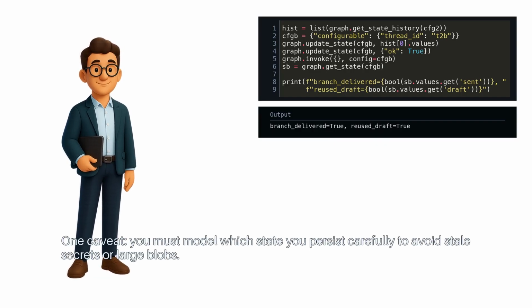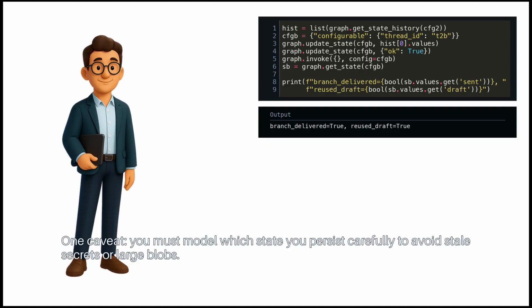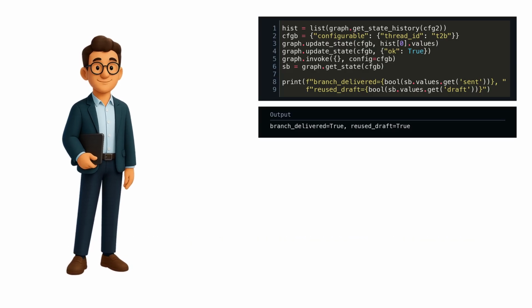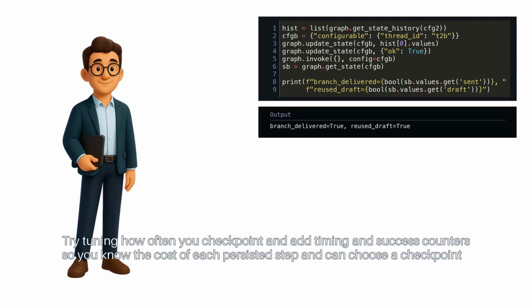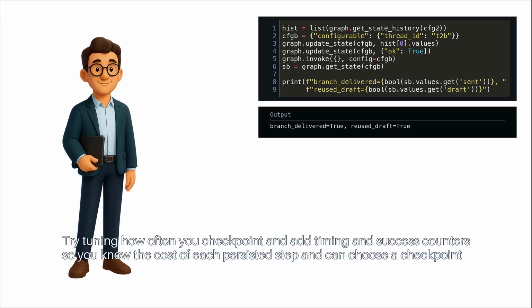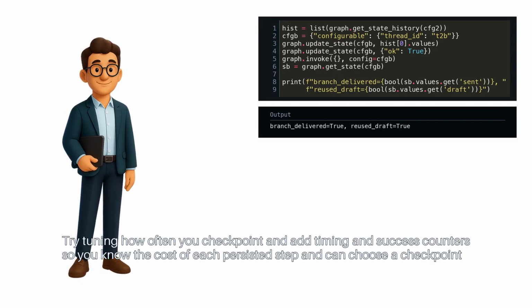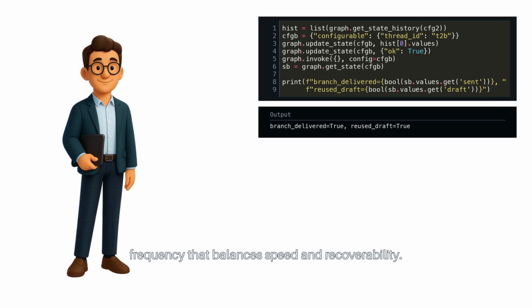One caveat: you must model which state you persist carefully to avoid stale secrets or large blobs. Next step: try tuning how often you checkpoint and add timing and success counters so you know the cost of each persisted step and can choose a checkpoint frequency that balances speed and recoverability.